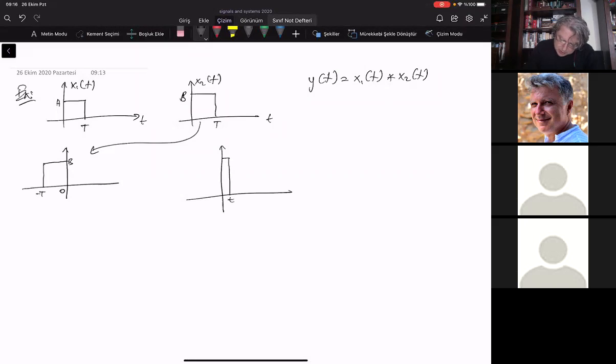This is the shift amount. You shift to the right by t, and the height will be a times b, okay?